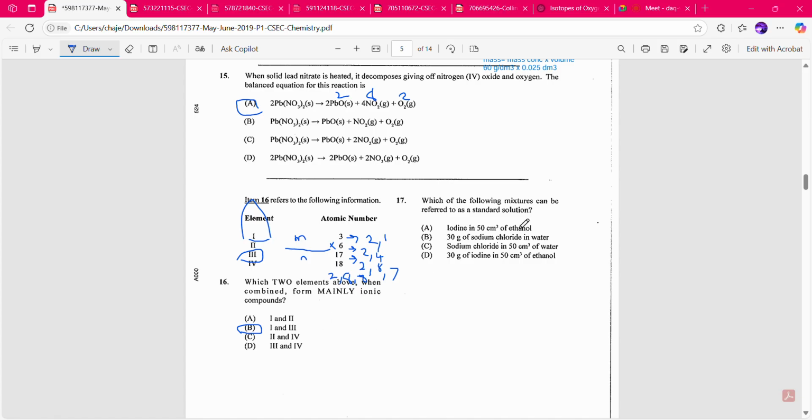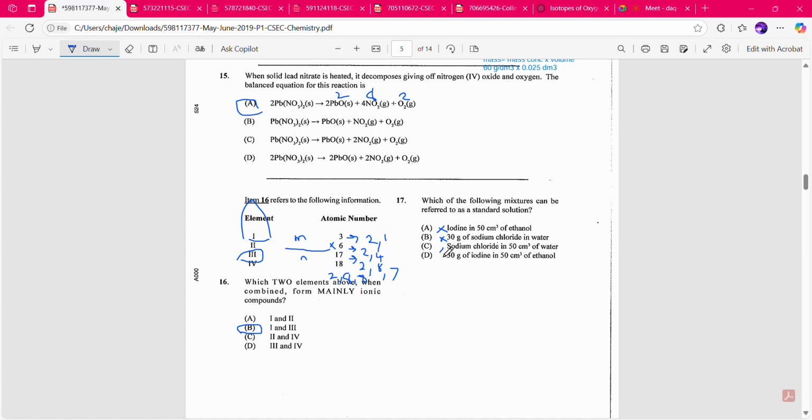Now in A, notice that they gave us iodine, but they didn't tell us anything about the iodine. They just say it's iodine, right? But they didn't say what mass or what volume of iodine is present in the ethanol. In B, they tell us about the sodium chloride, yes, but how much water is there? Right? We need to know some information about both of these substances in order for it to be a standard solution.